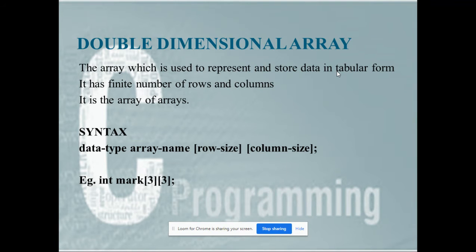Since a row matrix is called a single dimensional array, and you have multiple rows, it is called an array of arrays. Okay, the syntax is the data type and the array name you have to specify, and here you have two subscripts. One is your row size and the second one is your column size. So look at this example. Integer marks 3 cross 3, that is 3 rows and 3 columns. You are going to enter the marks. Okay.